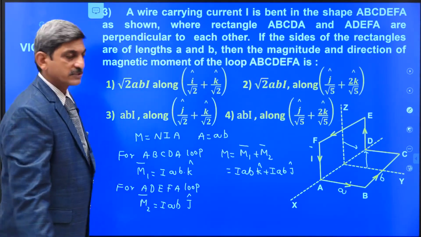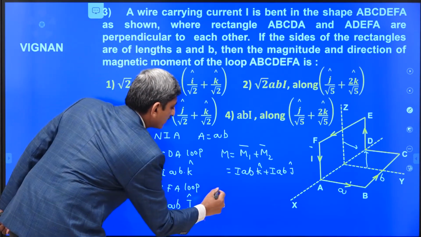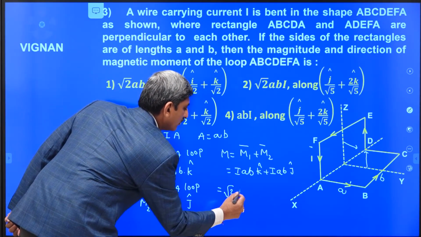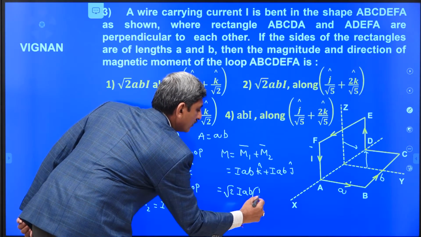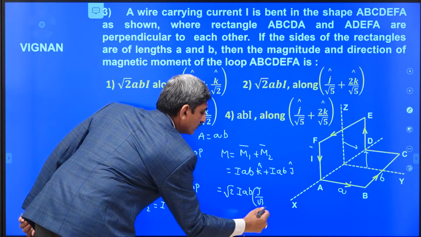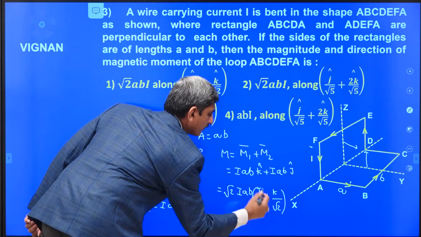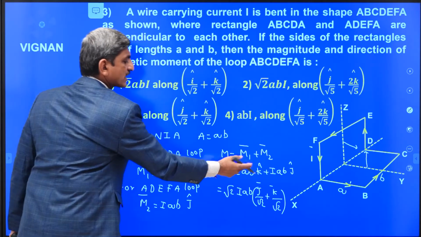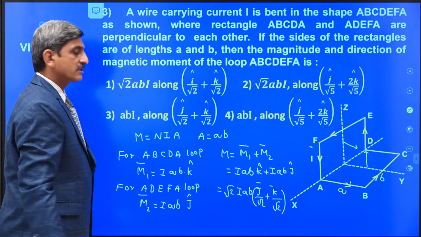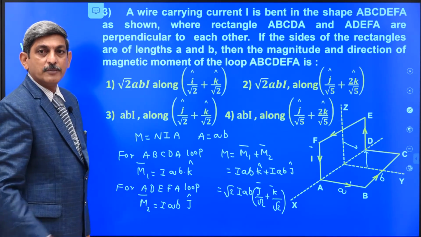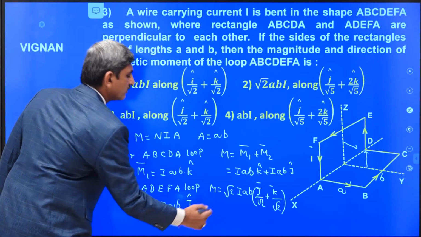That's why take root 2 IAB as common. It becomes root 2 IAB into (j by root 2 plus k by root 2). So this is the actual answer, but to get the answer in the form of the given options, root 2 IAB is taken as common and we have this value for the magnetic moment.